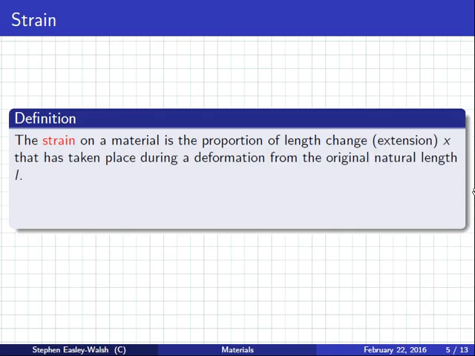And here we call L the natural length. So the strain is how much of the extension divided by the natural length. So it's a proportion, how much the shape has changed.